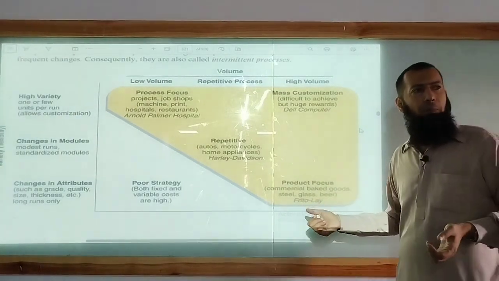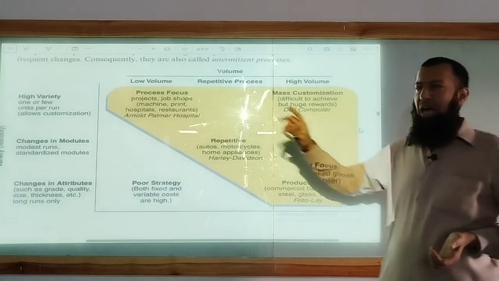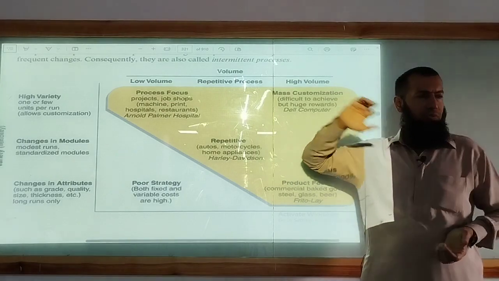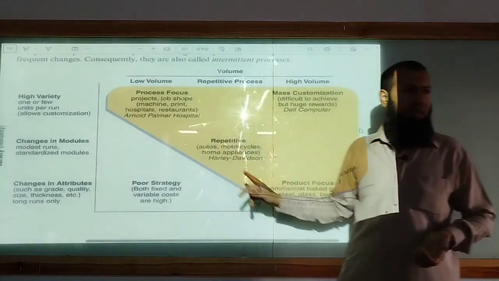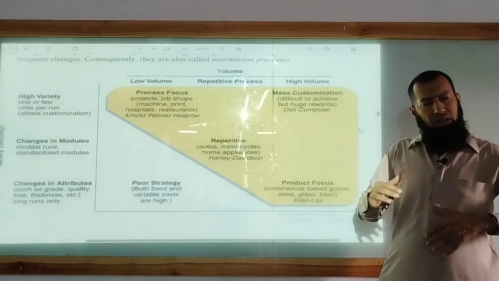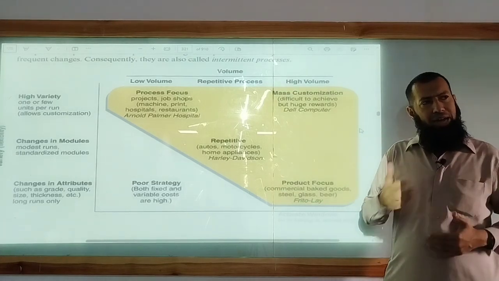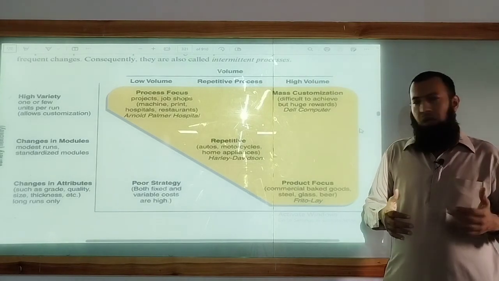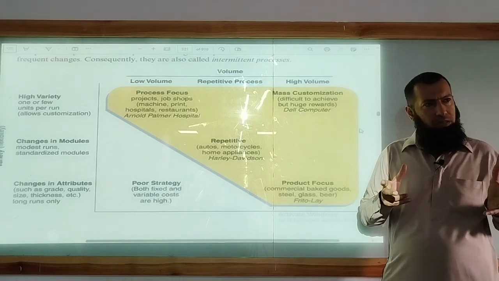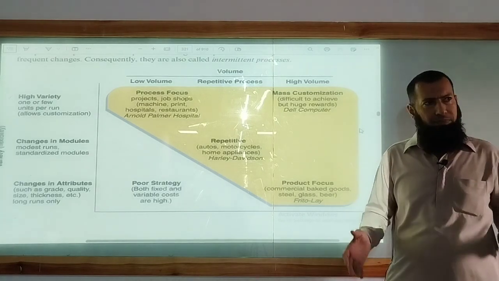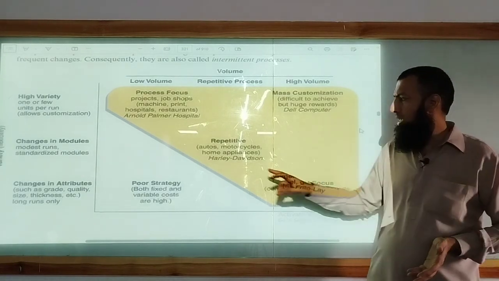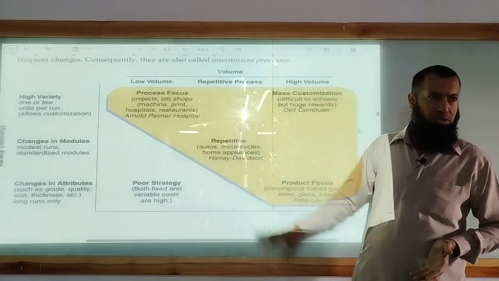When we have a specialized facility, we go for the process focus. In the repetitive process, we have different work cells that keep making rims, tires, thermostats, and frames of home appliances. So you require the repetitive process in that.